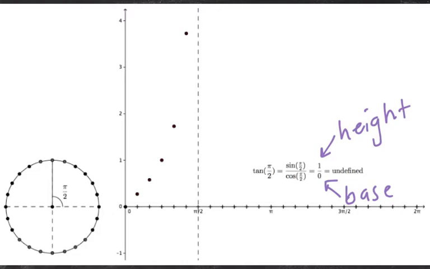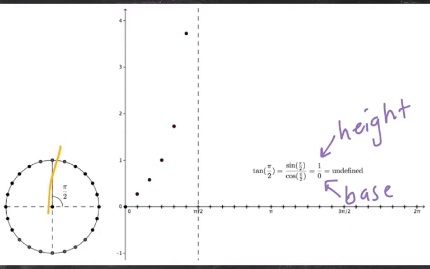So I'm drawing this vertical dotted line in at pi over 2 to show that I have a vertical asymptote, or I have an input that doesn't give me an output. But you can imagine if I was in between 5 pi over 12 and pi over 2, I would have a pretty steep line that would get steeper and steeper as my angle approached pi over 2.